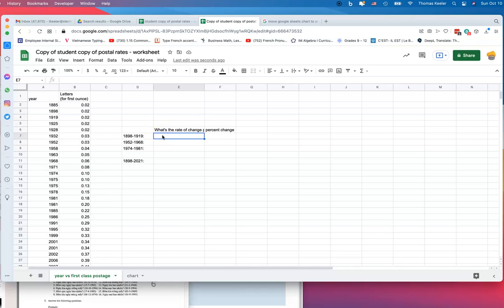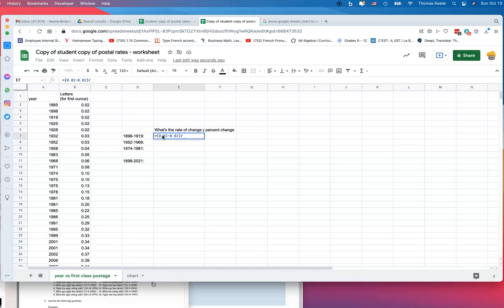So the rate of change is, so we're just going to do that as a division problem. So we'll say equals. Okay, so we'll do 1919 was 2 cents. So equals 0.02 minus 0.02 divided by the number of years.